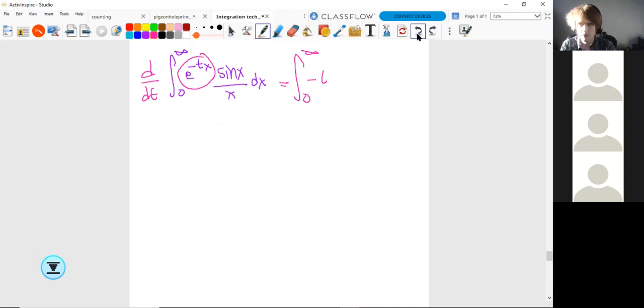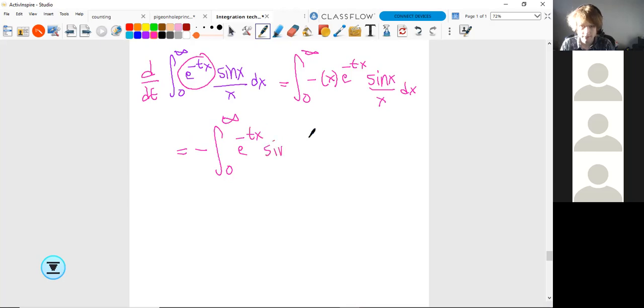We're taking the derivative with respect to t, so the chain rule tells us that we should get a minus x here, e to the minus tx sine of x over x dx. And that's great for us because the x's cancel. So we get equals minus the integral from 0 to infinity of e to the minus tx sine of x dx.